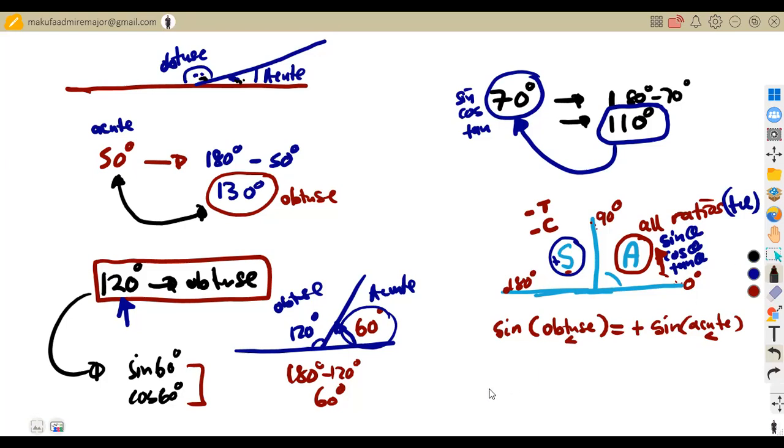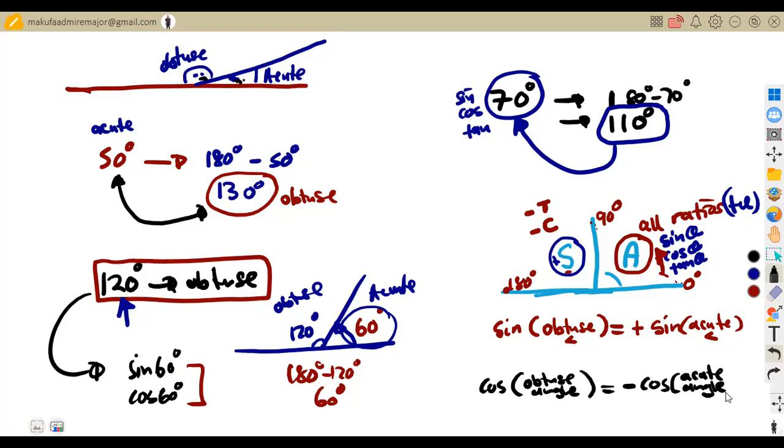But when it comes to cos, the cosine of the obtuse angle is going to carry a negative. It must be a negative of the cosine of its corresponding acute angle.